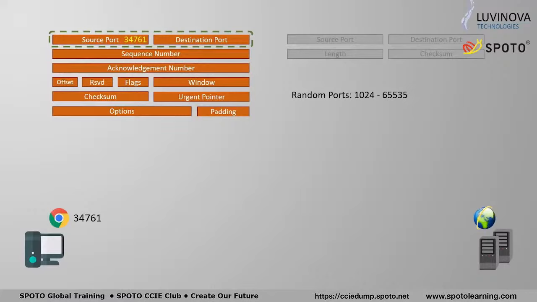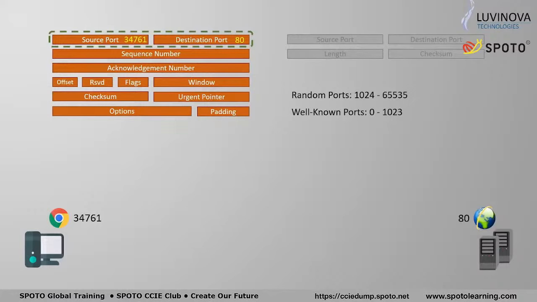The destination port number, that is the port number of the server application, is usually a well-known value. For example, if we were using HTTP for web browsing, the port will normally be port 80. Well-known ports are in the 0 to 1023 range. By making a port well-known, it's easy for the client to guess what port the destination application will use.